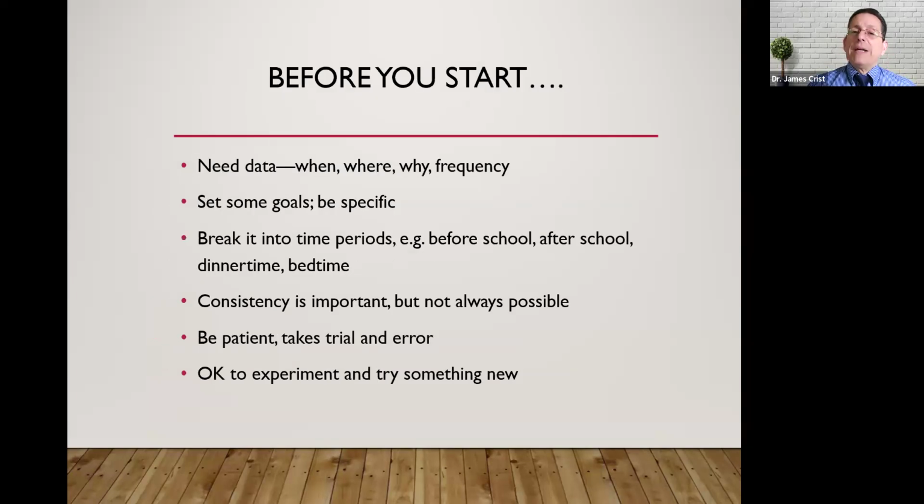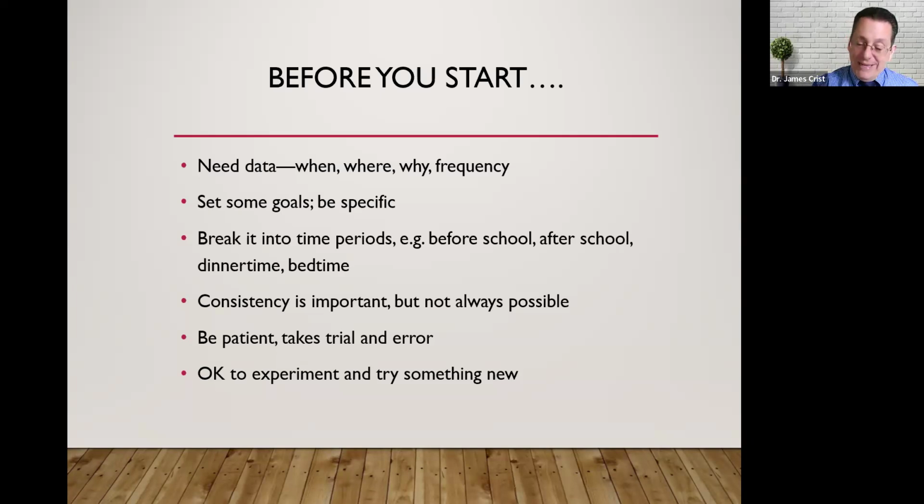All right, before you start coming up with a plan here or a behavioral system that works, you want some data. So you want to know when, where, why, and how often these problems occur. For example, if you have a lot of problems getting ready in the morning for school, that is data that you need to know. Say, okay, well, what's going on with this? Why is this child having trouble?